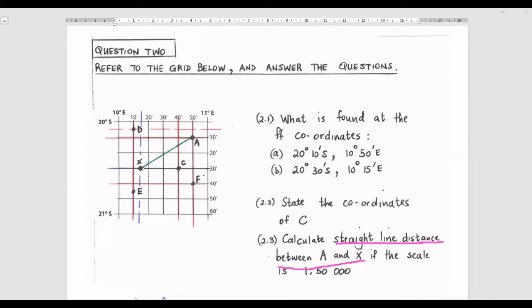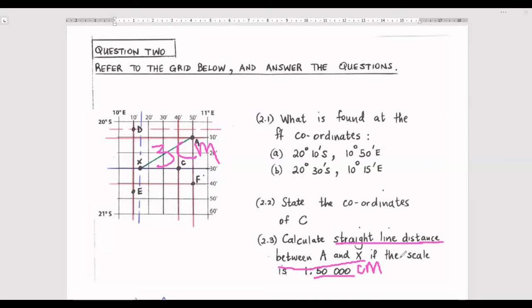So I've drawn the line for you from X to A. You're now required to measure in centimeters the distance on the diagram between X and A. If you measured correctly, you should have got 3 centimeters. The scale is 50,000 centimeters. It's a ratio scale.